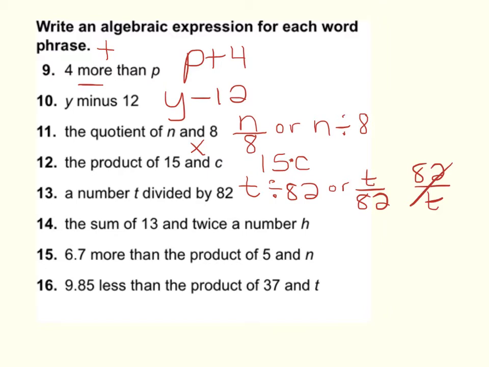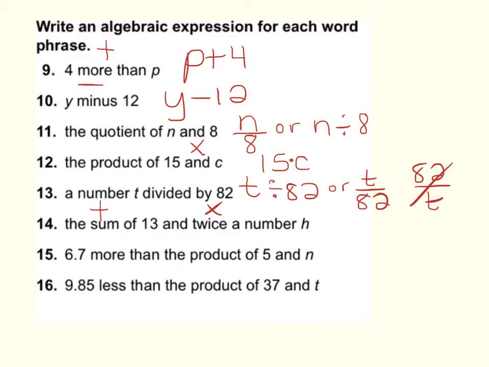The sum of 13 and twice a number H. This one gets a little trickier because there are 2 operations in here. Sum means addition, and twice a number means we're going to multiply it by 2.